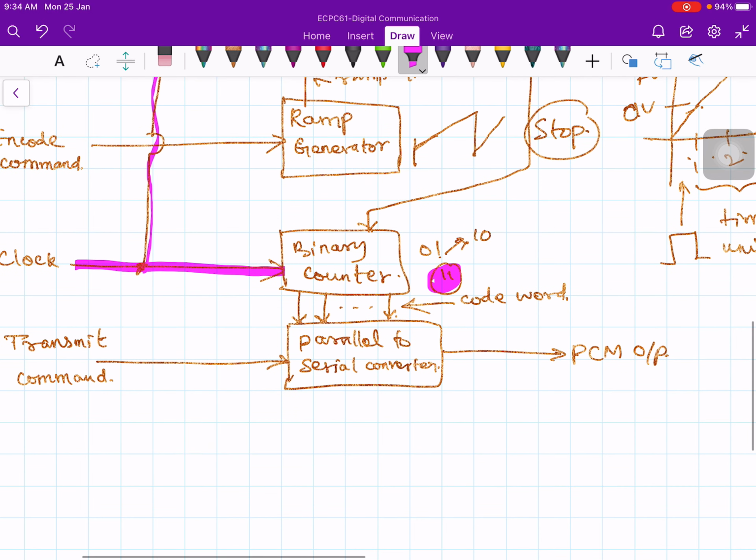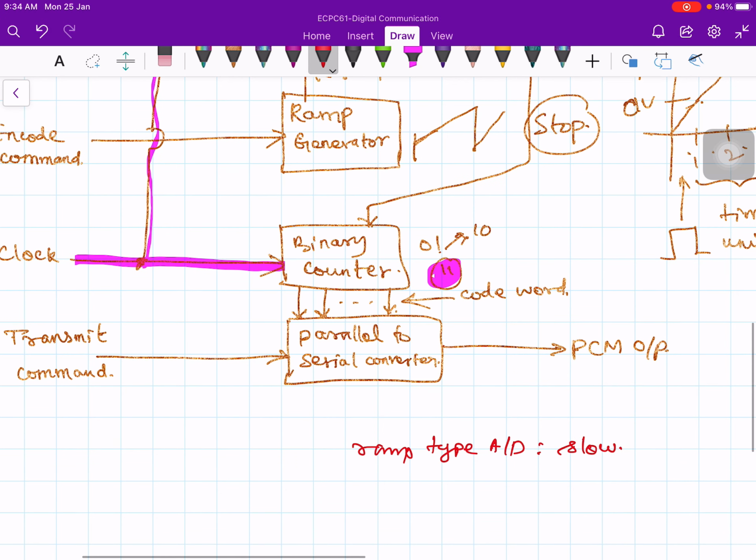Sometimes people may feel that the ramp type A to D converter is a little slow. Well, it will depend on the rate at which you want to do things.